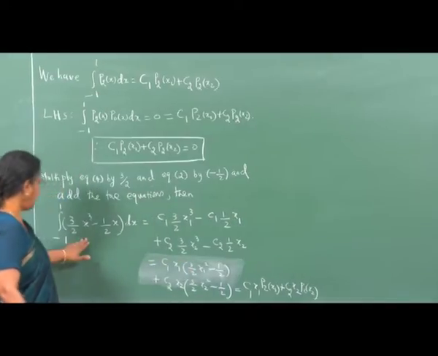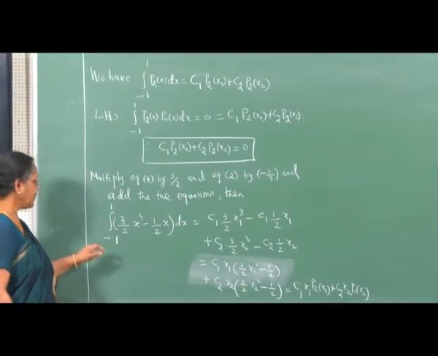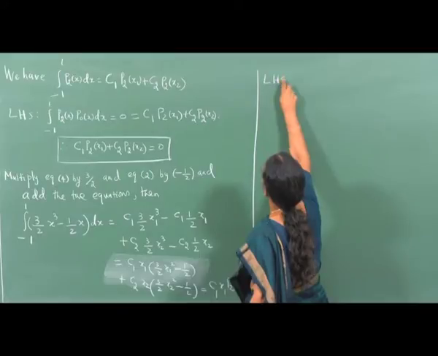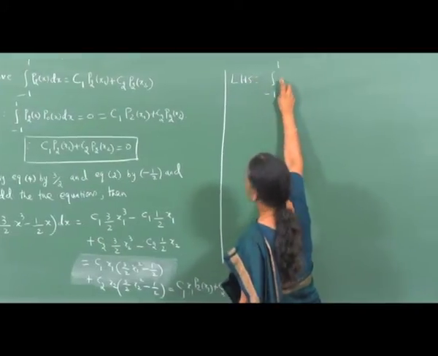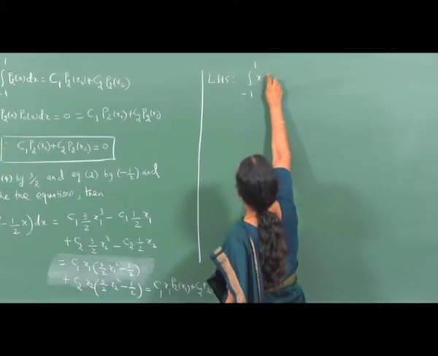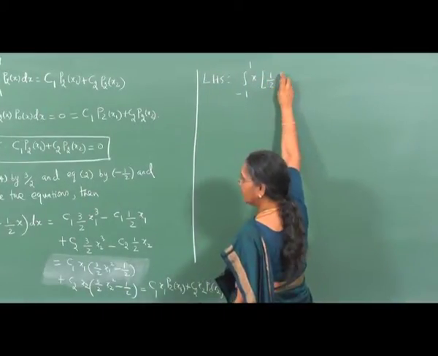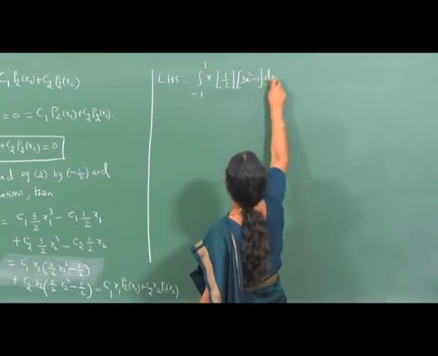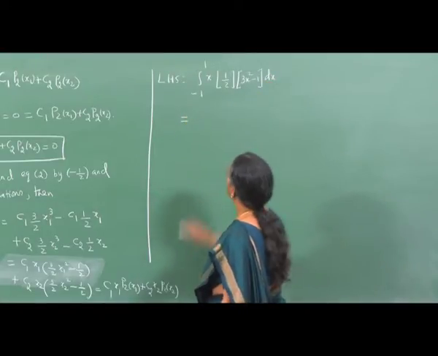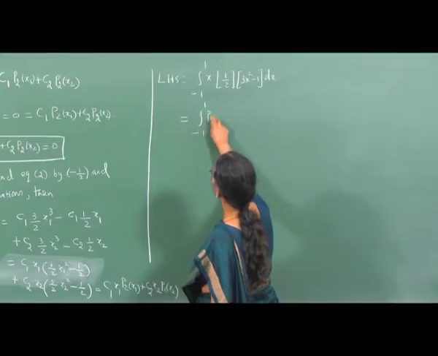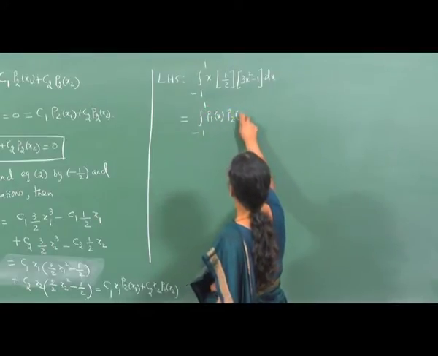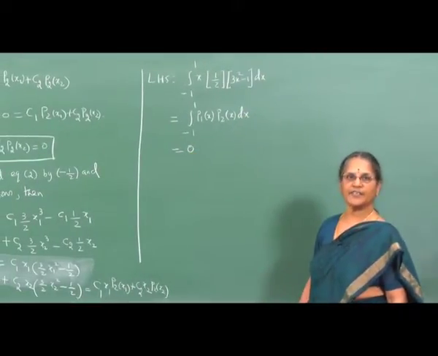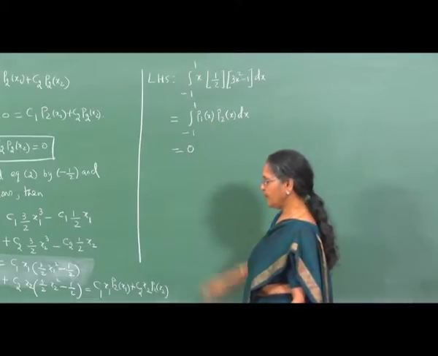Now, let us look at the left hand side. We have integral minus 1 to 1 x into half of 3x square minus 1 integrated with respect to x, and that is integral minus 1 to 1 p1 of x into p2 of x dx, which is again by the orthogonality property of the Legendre polynomials 0.